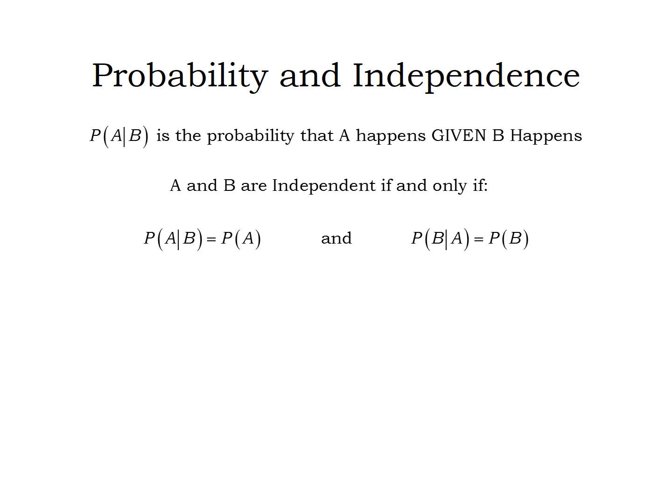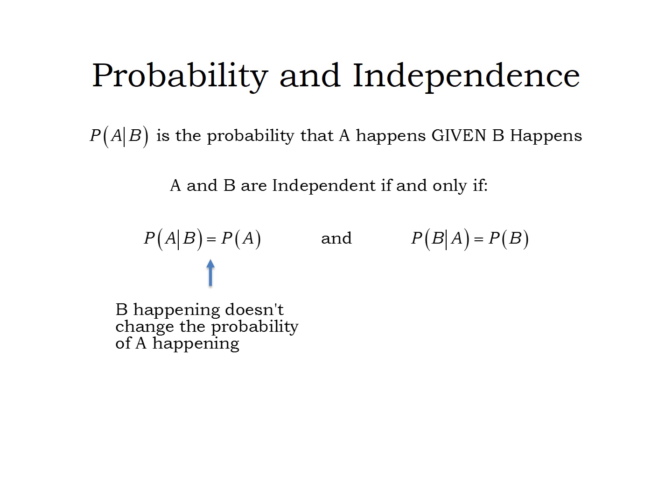So over here on the left-hand side, we're saying that the probability of A happening given B happens is just the probability that A happens. So B happening did not change the probability of A happening.